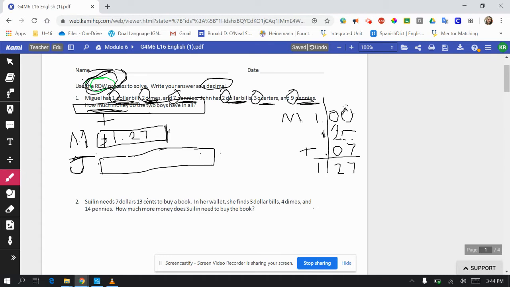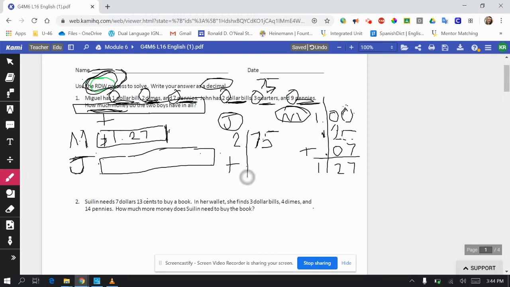And then I'm going to draw a J because now I'm thinking about John. So John has $2. He has 3 quarters, which is going to be 75 cents. I could write that here, $2.75, plus he's got one more thing.